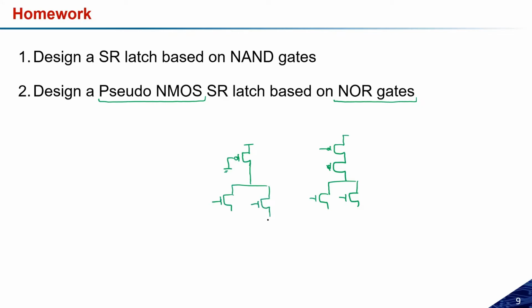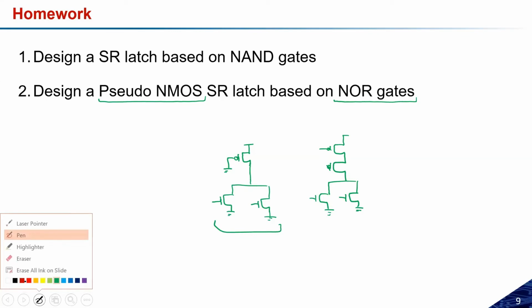So this is how it will look. This is the pseudo NMOS NOR logic. You have to use it to design the latch. So this is important, and I have given the hint on how you can do that.